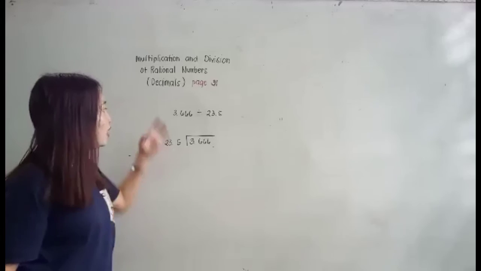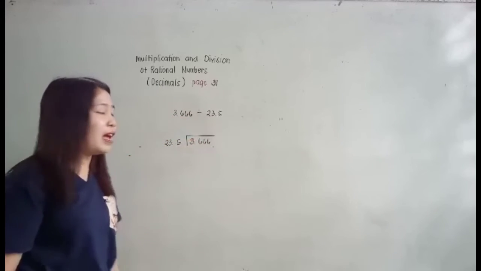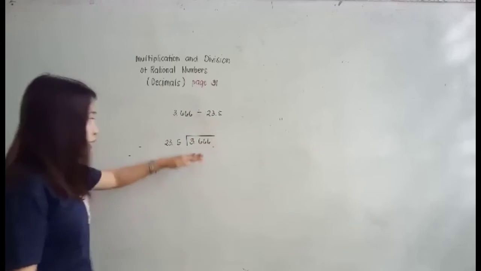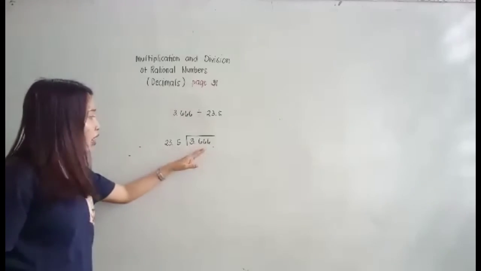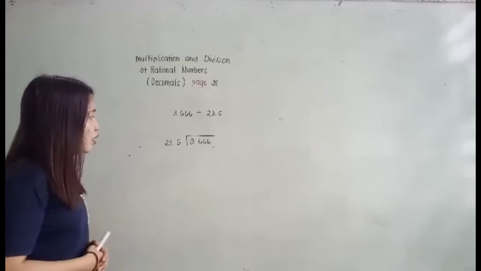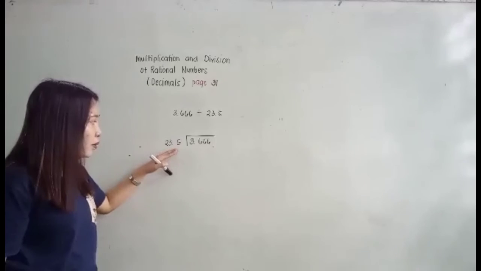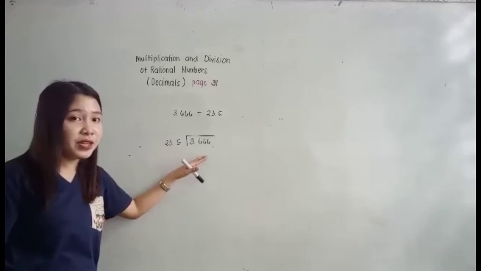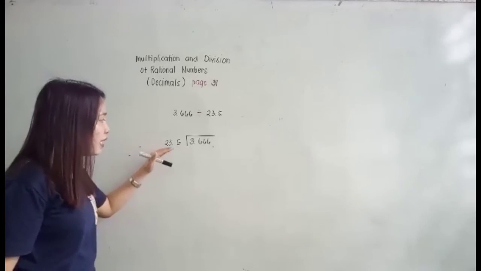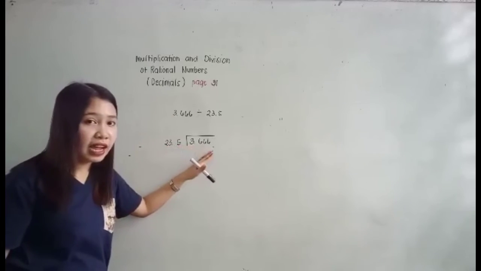Okay. So, using the given 3.666 divided by 23.5, ang una natin gagawin, isusulat natin siya in this format para mas mabilis tayo makapag-divide. Sumunod, gagawin natin whole number ito para makapagsimula ng division. At kung ginawa natin itong whole number, mag-a-adjust din tayo dun sa loob.